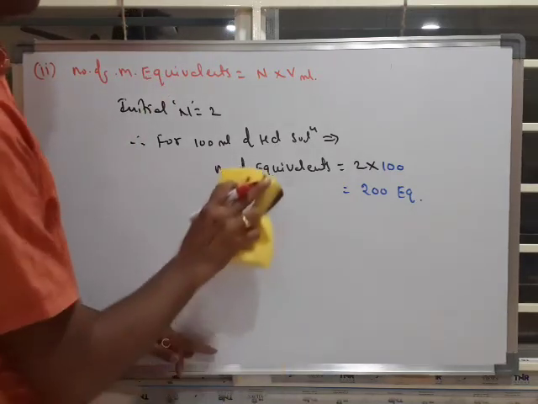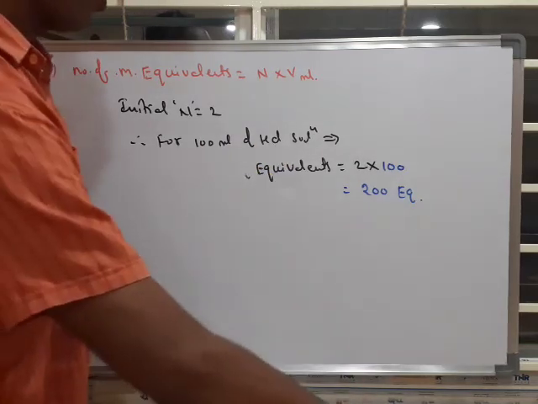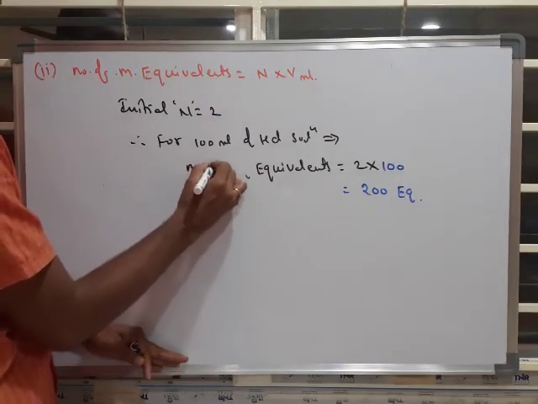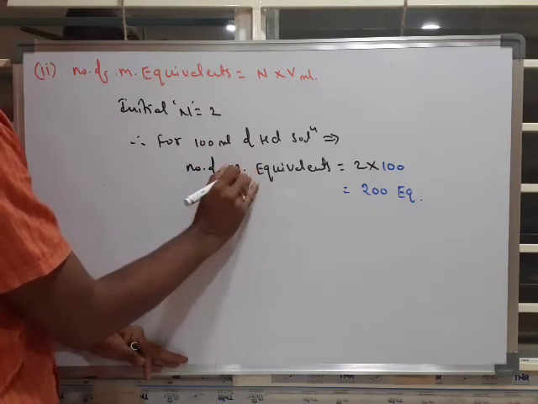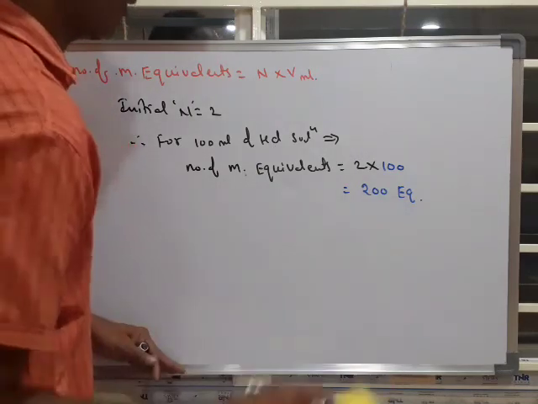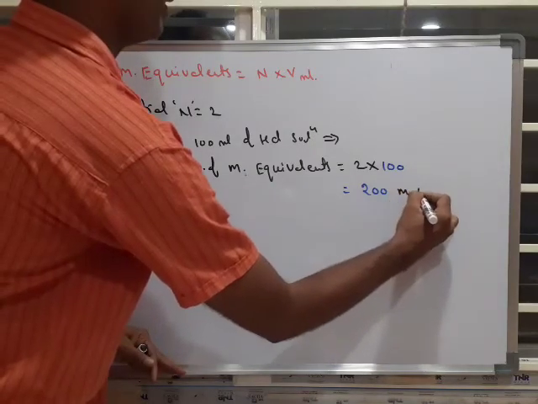So the number of milli equivalents is equal to 200 milli equivalents.